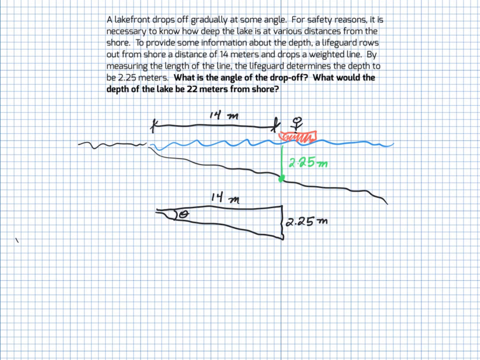And this is really simple, okay? We just write theta is equal to the inverse tangent of opposite over adjacent. We have these two pieces of information, so all we have to do is plug those numbers in. So we have inverse tangent of 2.25 meters divided by 14 meters.